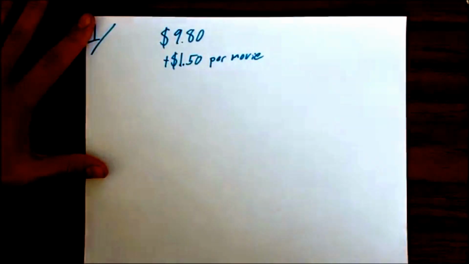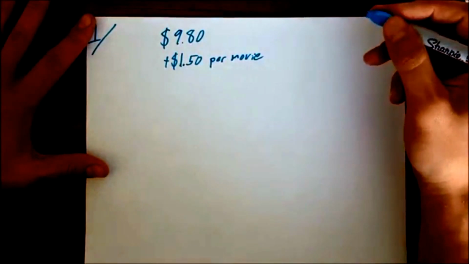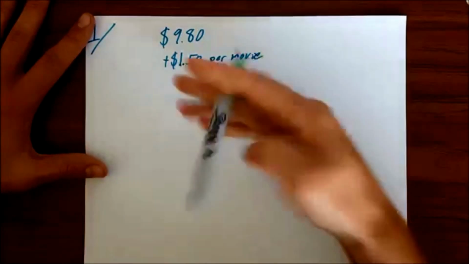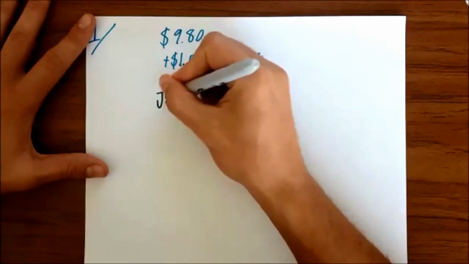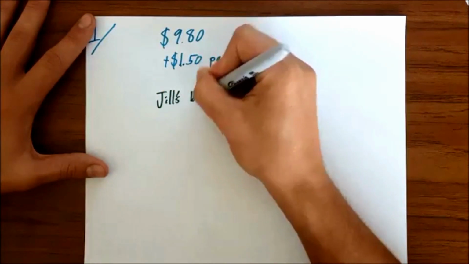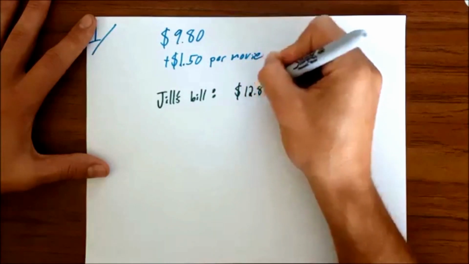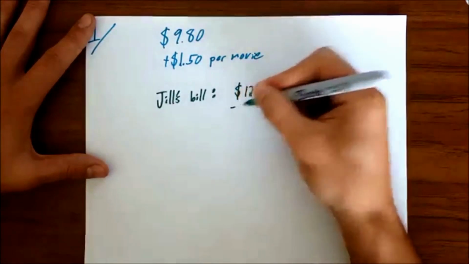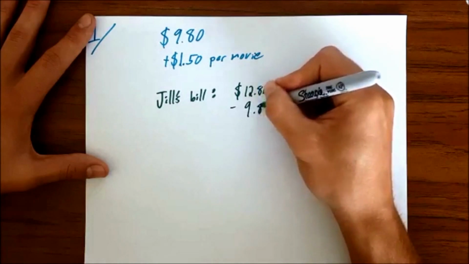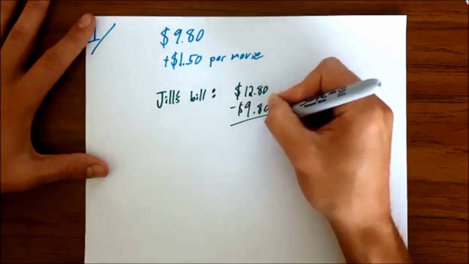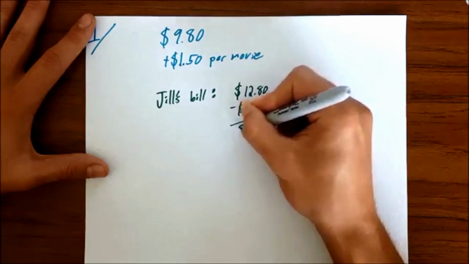Okay, so you can calculate that straightforwardly. So Jill's bill was $12.80, right? So you're going to subtract off the monthly membership fee of $9.80, which leaves $3.